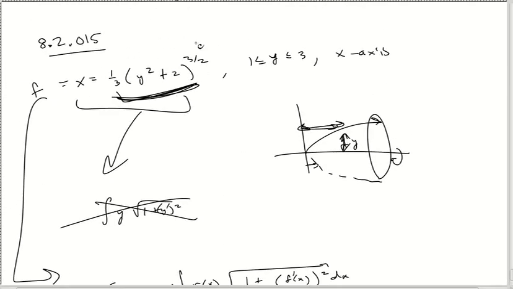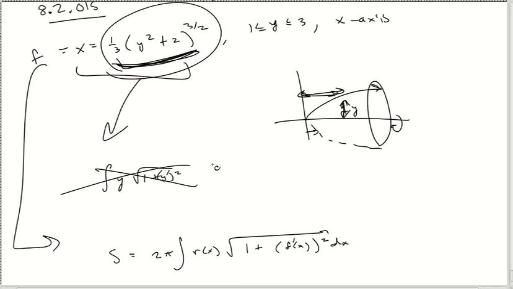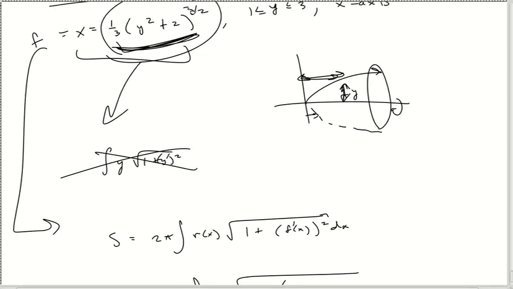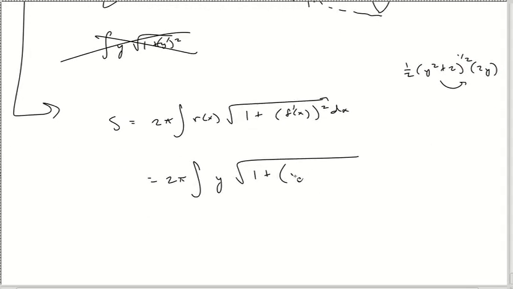So right here, let's take a derivative of this thing right quick with some y's. The 3/2 comes down to the front. The 3 and the 3 cancel, leaving a 1/2 in the front. I got y squared plus 2, and now that's to the 1/2 power. And then I take the derivative of the inside to get a 2y. The 2 and the 1/2 cancel, makes a y on the outside.